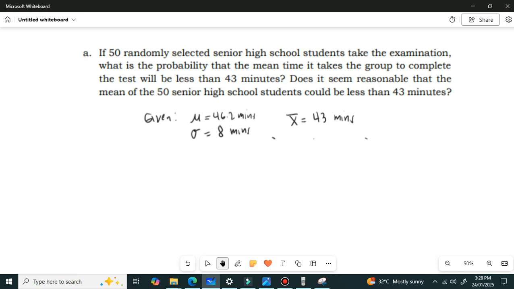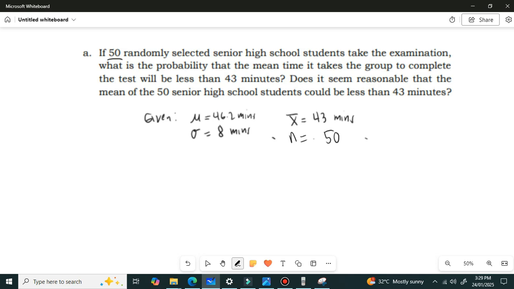Now we will answer letter B. Same given: we have here the population mean 46.2 minutes, the standard deviation 8 minutes, and the sample mean as 43 minutes. But in this case we have the given small n, which is 50 randomly selected students.